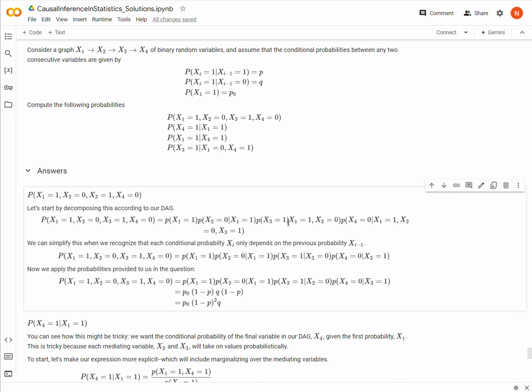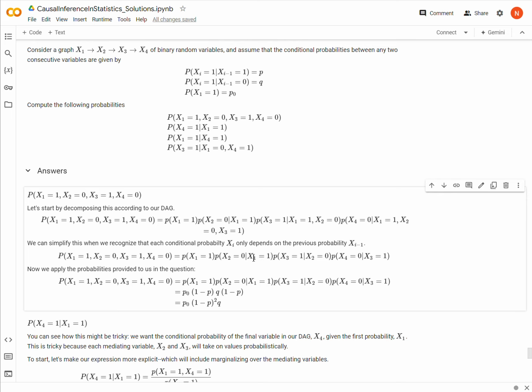Actually, it's a bit of a misnomer to say that x3 is dependent on x1 and x2, because all of the influence of x1 on x3 is routed through x2. So we can simplify these terms: the probability that x2 equals 0 given x1 equals 1, then the probability that x3 equals 1 given that x2 equals 0, and x4 equals 0 given that x3 equals 1.